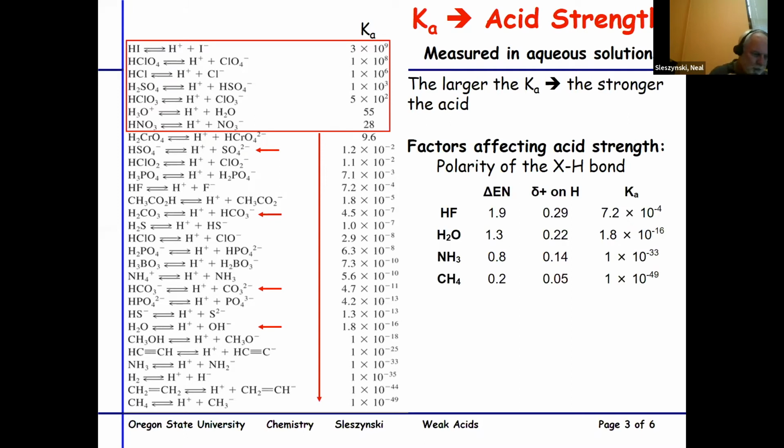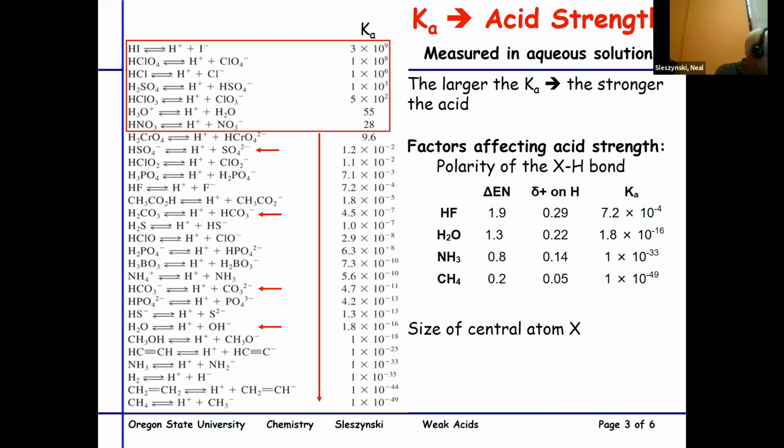So if we take a look at a chart and take a look at the difference in electronegativity between the hydrogen and whatever it's bonded to, translate that into the partial positive charge on the hydrogen in that molecule, and then take a look at the corresponding Kas, what we see is as the electronegativity difference becomes smaller and smaller, it becomes more and more difficult to pull a hydrogen off as H+, which means that our Ka becomes smaller and smaller and smaller.